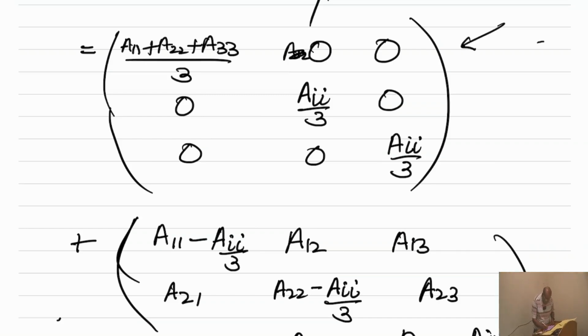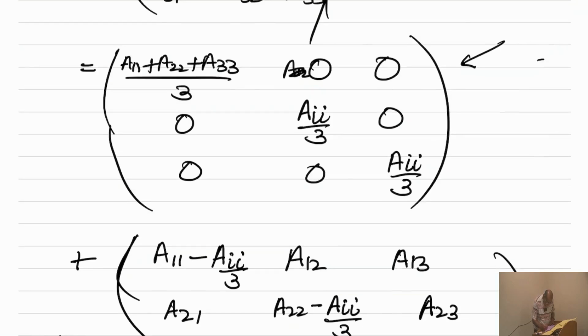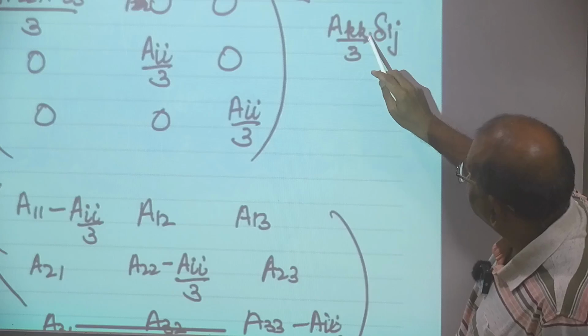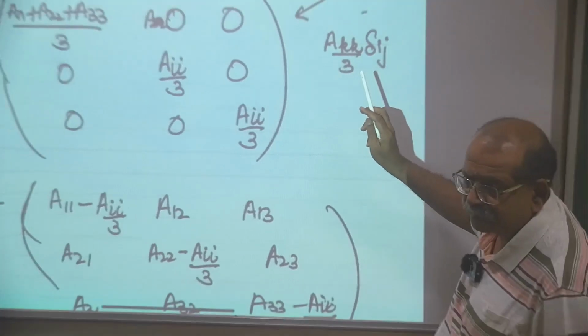I can write this as Akk upon 3 times delta ij. Delta ij is the canonical delta, which is equal to 1 if i is equal to j, and equal to 0 otherwise. So this whole tensor, the first part, can be written as Akk by 3 times delta ij.